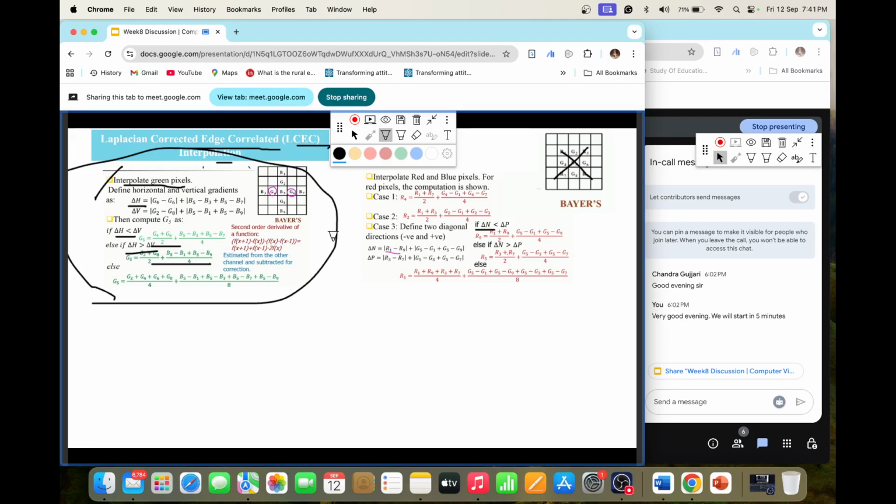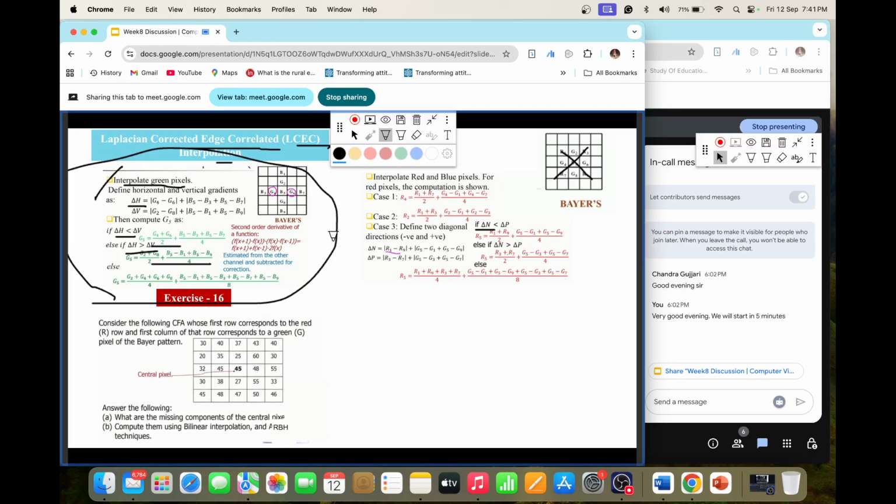To interpolate the green pixel using LCEC interpolation. So let's discuss a problem regarding this. Consider the following CFA whose first row corresponds to the red row R and the first column of that row corresponds to the green pixel.